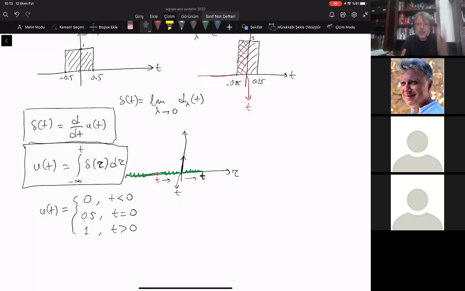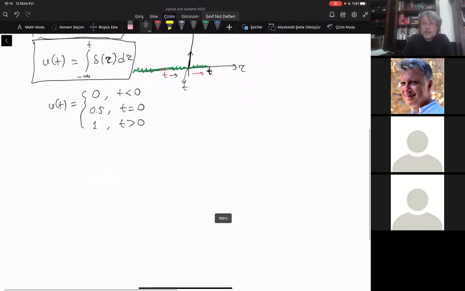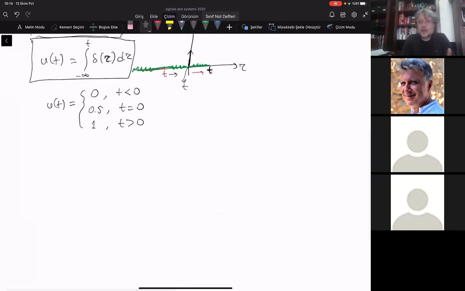So it's a sharp, very tall signal. What are we going to do with it? Well, we are going to use it. That's why we come up with this delta of t. We will use it all throughout this course. It will be perhaps the most used signal in this course.